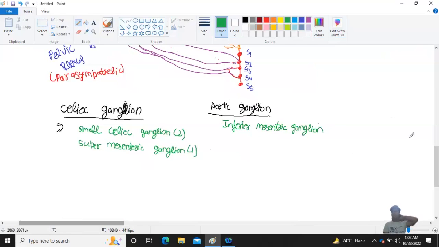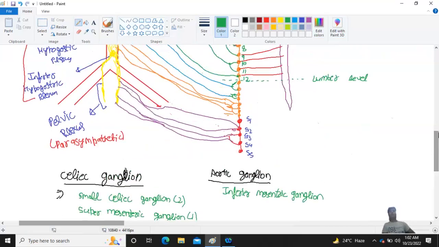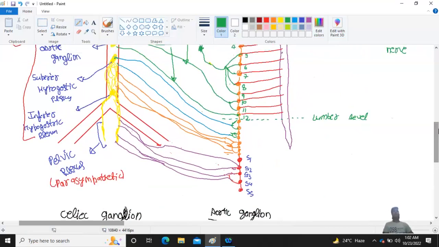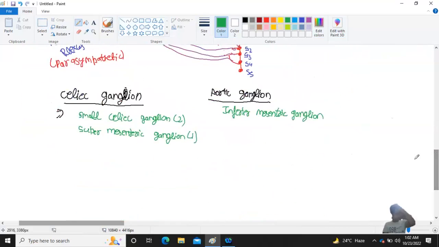Then another, these are the contents. Basically, these superior and inferior hypogastric are plexuses, not ganglia. Then what about the aortico-renal ganglion? The aortico-renal ganglion is formed from this and this. This is the combination of celiac and aortic.